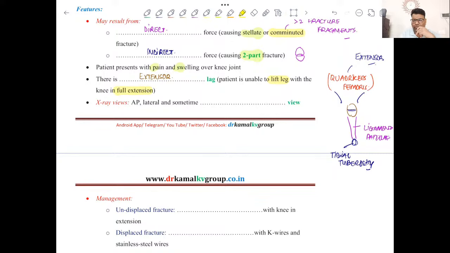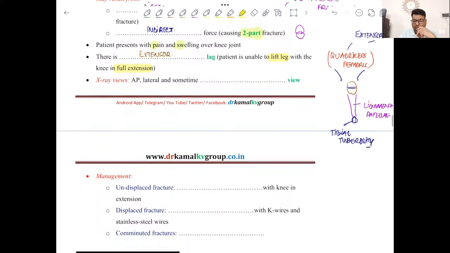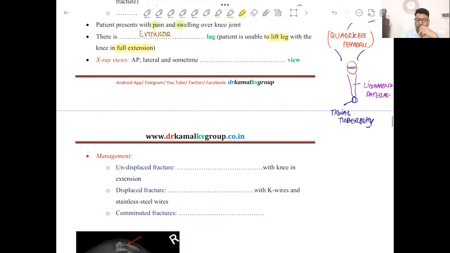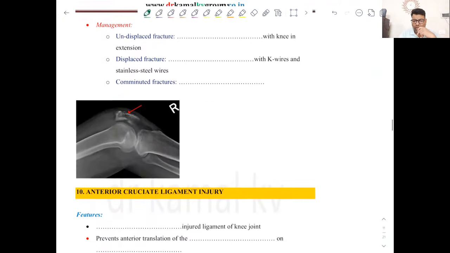This is just because of fracture of patella. Now, the conventional X-ray views are AP and lateral, but in case of patellar fracture, we can go for an additional view, and this is the skyline view.